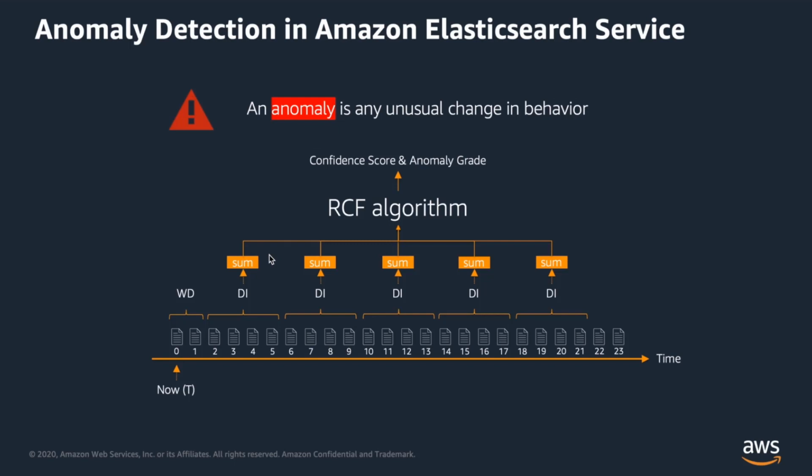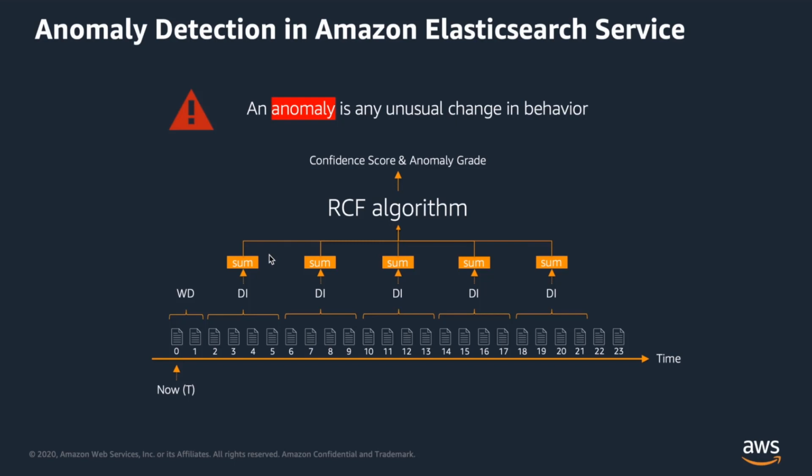Whenever it detects such an anomaly, it's going to output a couple of things. It's going to output an anomaly grade, which is essentially like a severity score, like how severe is the anomaly.